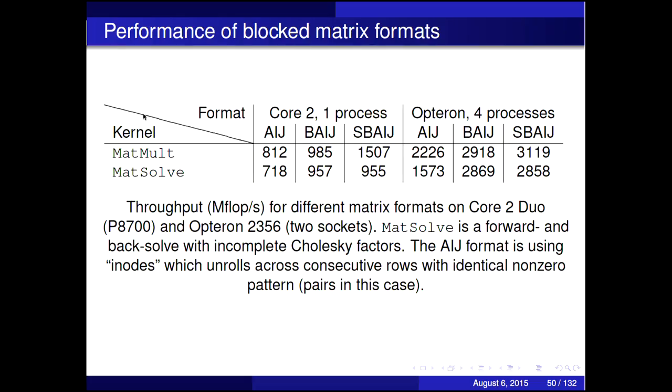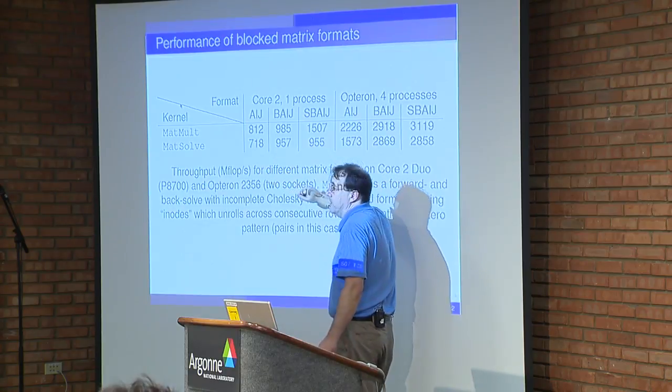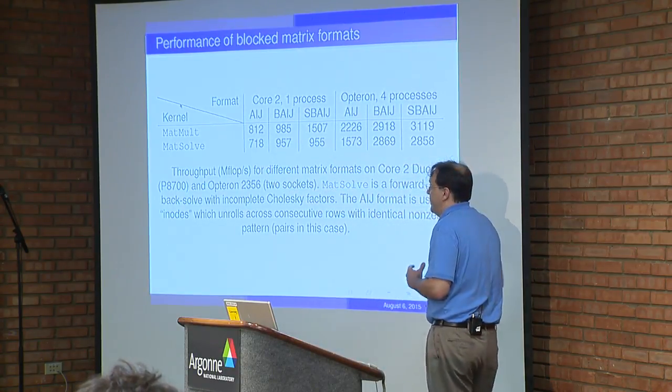Why do you care about the different formats? Well, it depends on your system and so forth, but here's an example of this matmult with the same matrix, but stored as AIJ, block AIJ, or because the matrix is symmetric, storing in a symmetric format. So when you store it in the symmetric format, you get almost twice the floating point performance because of the way you can arrange the data.